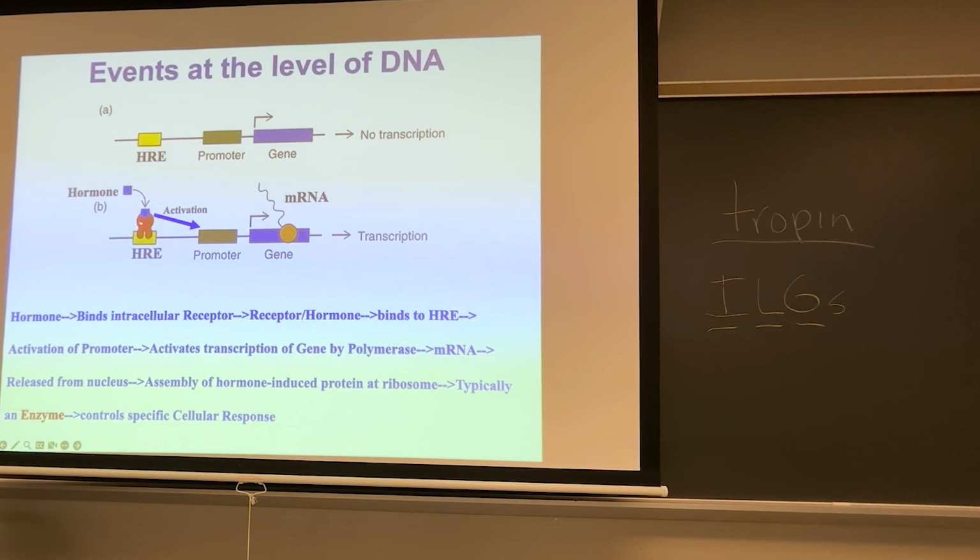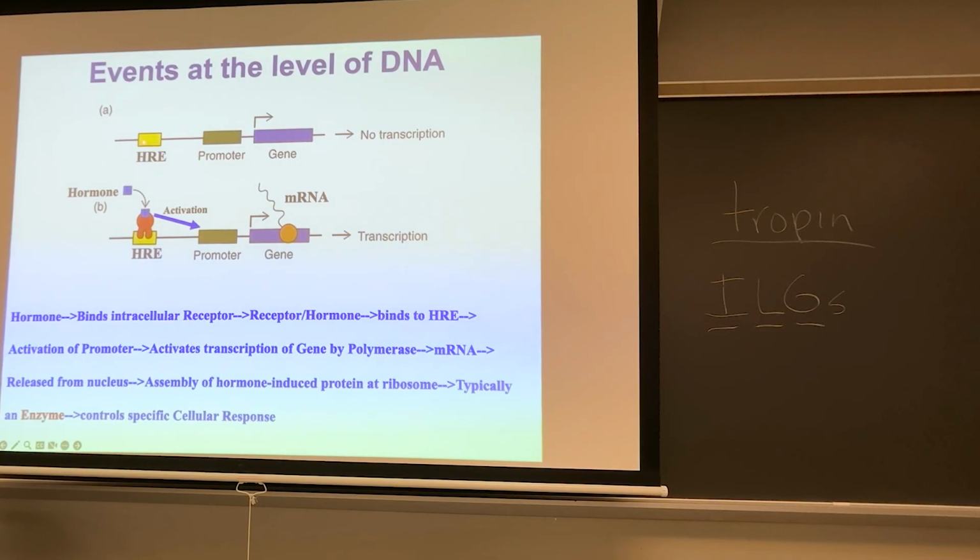What it's going to bind to, the hormone and its shuttle, is a sequence of DNA just upstream of the promoter, called a HRE, which is a hormone receptor element. That's the sequence of DNA the hormone and its receptor recognize. When they bind to that, that will shift or open up the promoter so that polymerase can see it, or bind to it.